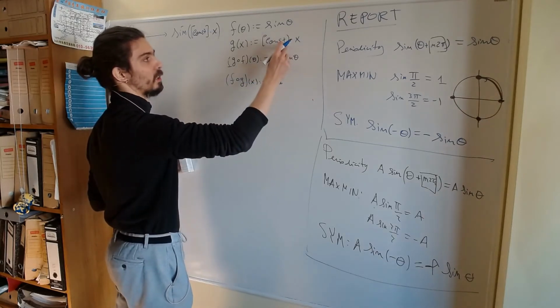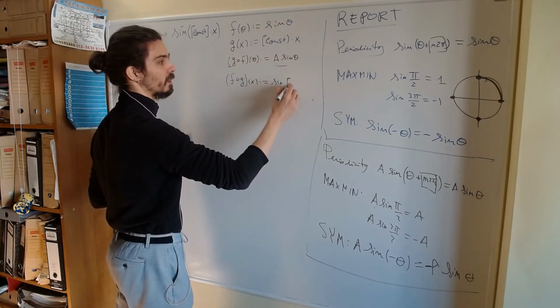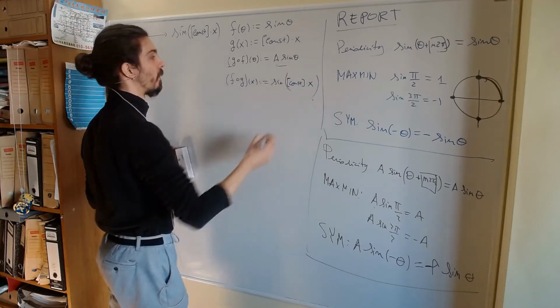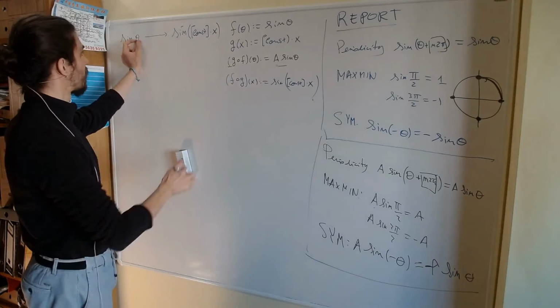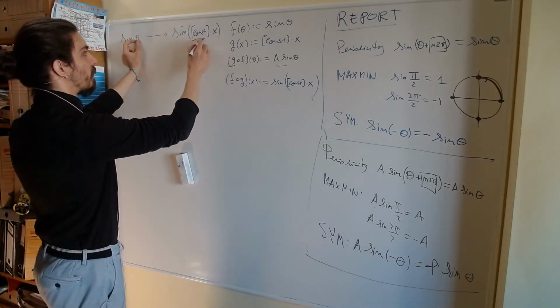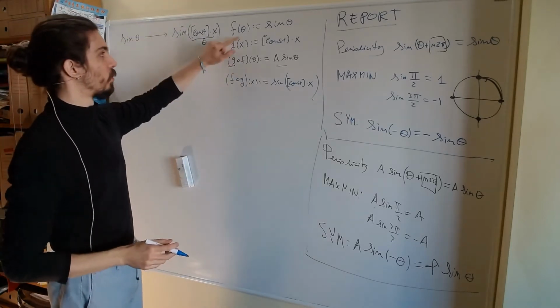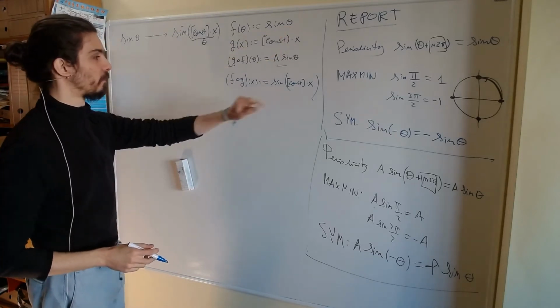You see, you just put this here. Let's call the constant times x. Notice, maybe it's important to notice, this theta became the constant times x. The whole theta became this, okay? So you put this here, the composition.